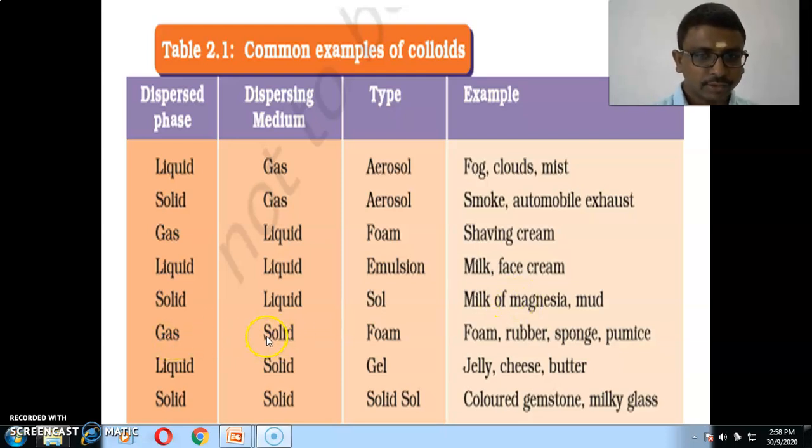And gas in solid is a type of solid foam, and the examples are foam rubber, sponge and pumice. And liquid in solid is a type of gel. The examples are jelly, cheese and butter. And solid in solid is a type of solid sol. The examples are colored gemstone and milky glass. So these are all the examples of colloids.